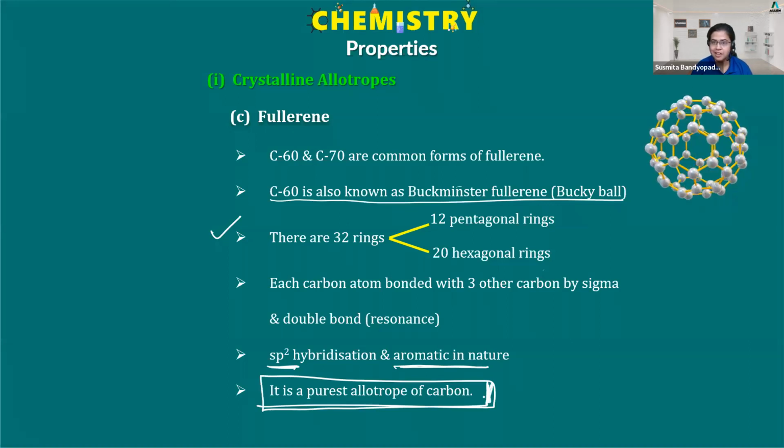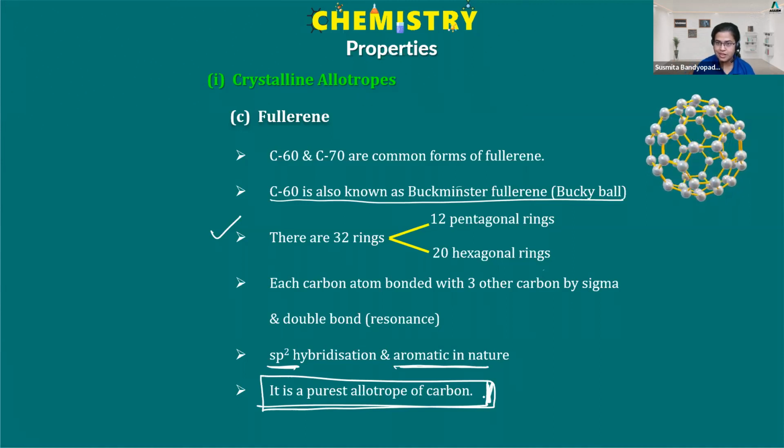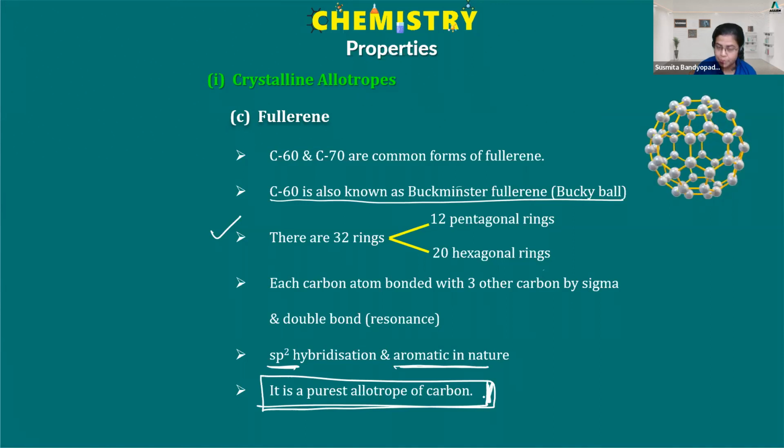I had recently in another batch framed a question: which is the thermodynamically most stable allotrope of carbon and the purest allotrope of carbon. Thermodynamically most stable is graphite, and purity wise, fullerene is the purest allotrope of carbon.